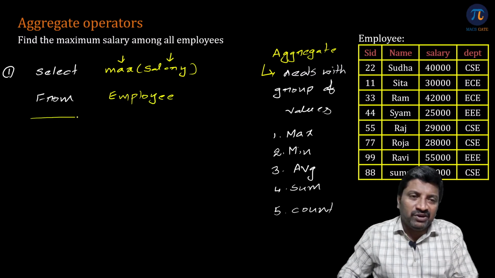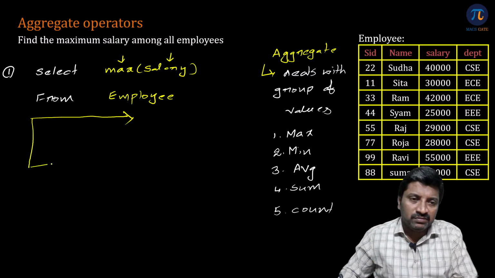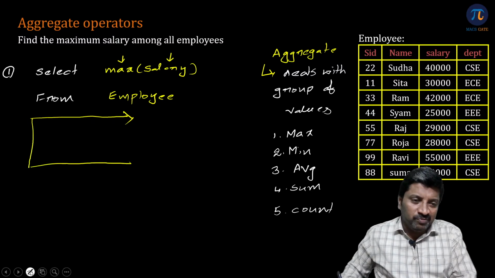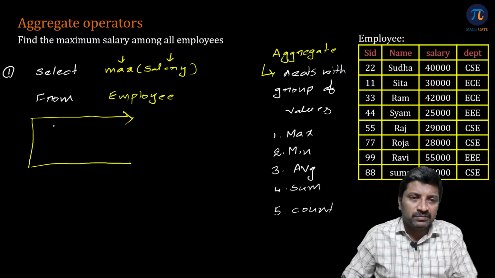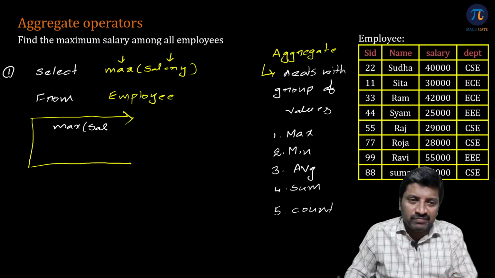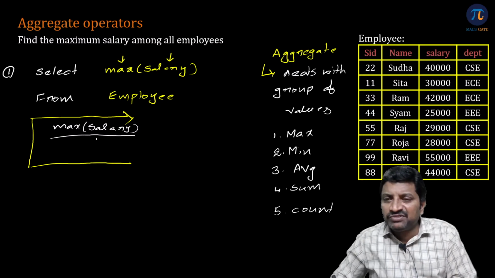Whenever you execute this command, the output will be displayed like this. Max of salary. What is max of salary in this case?